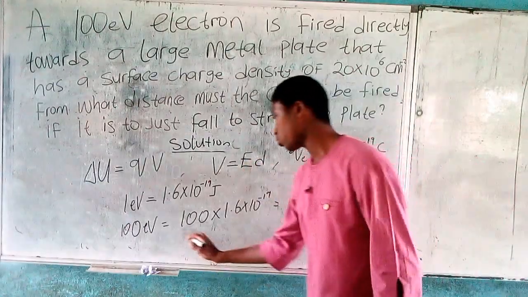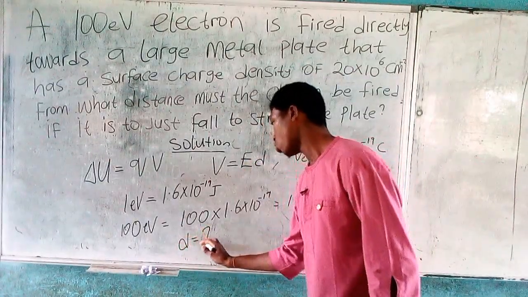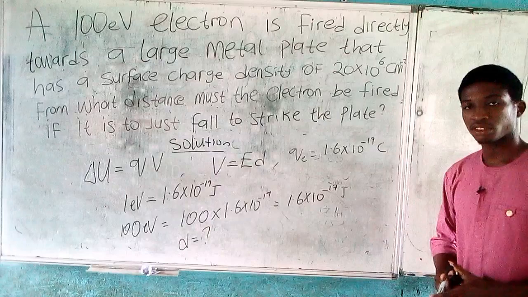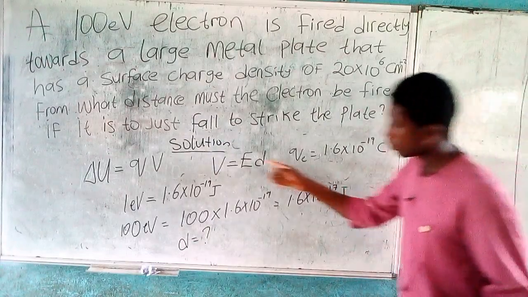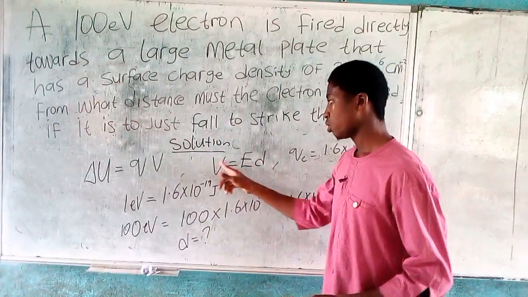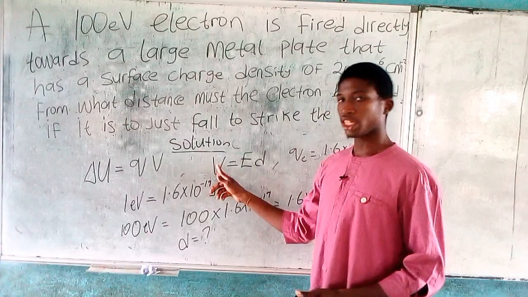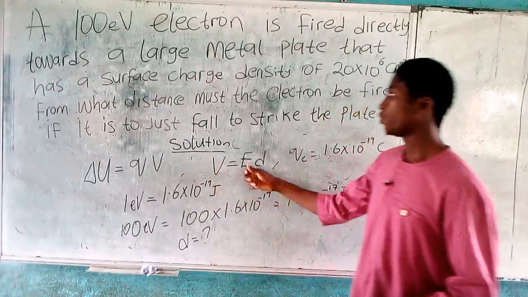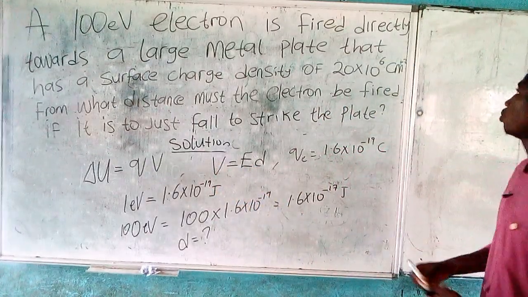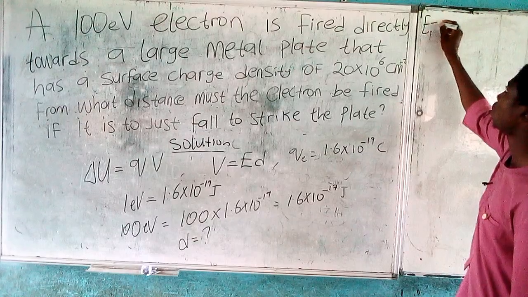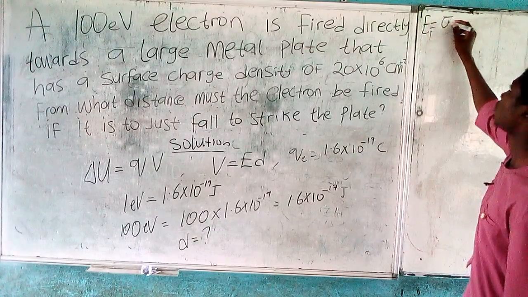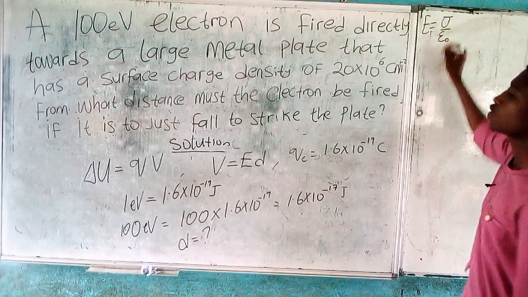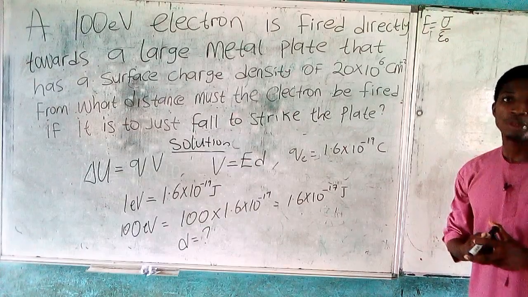But what about our electric field? We need it to find the potential, but we don't have it. We know that electric field is equal to surface charge density over the permittivity of free space.